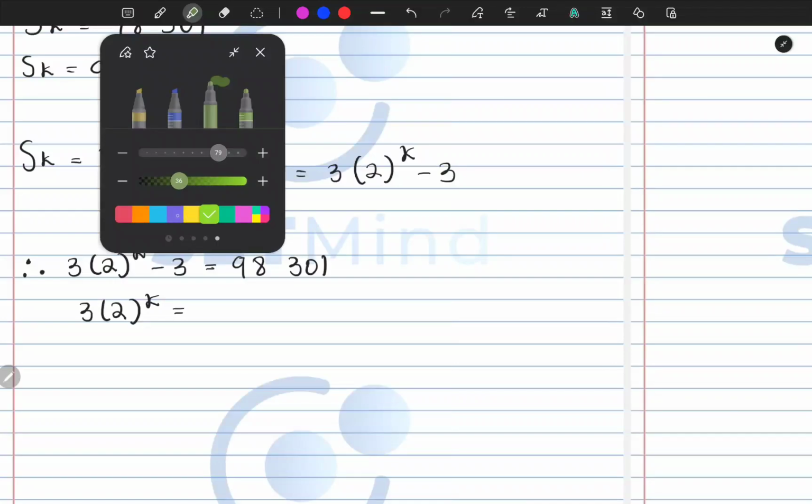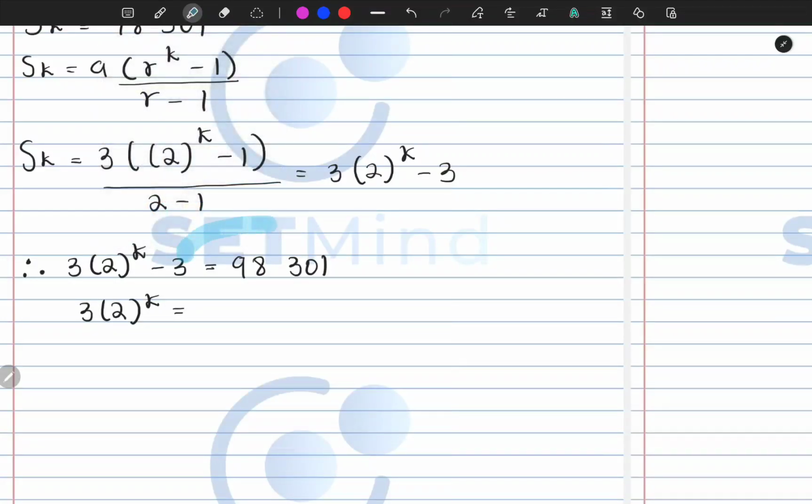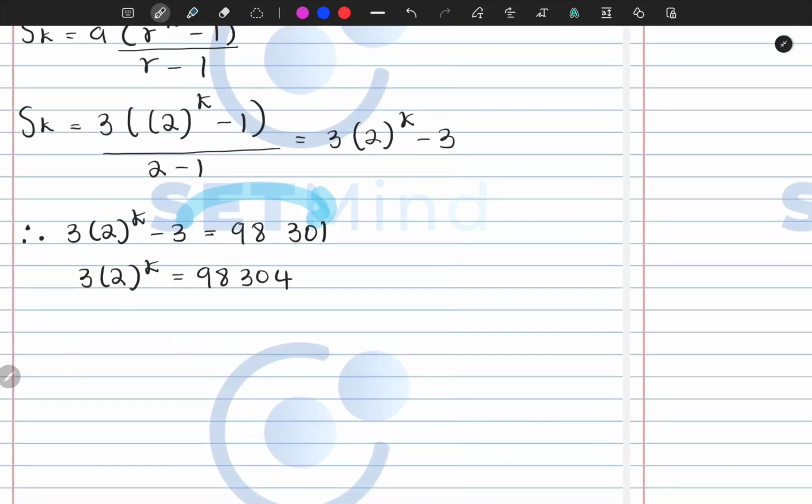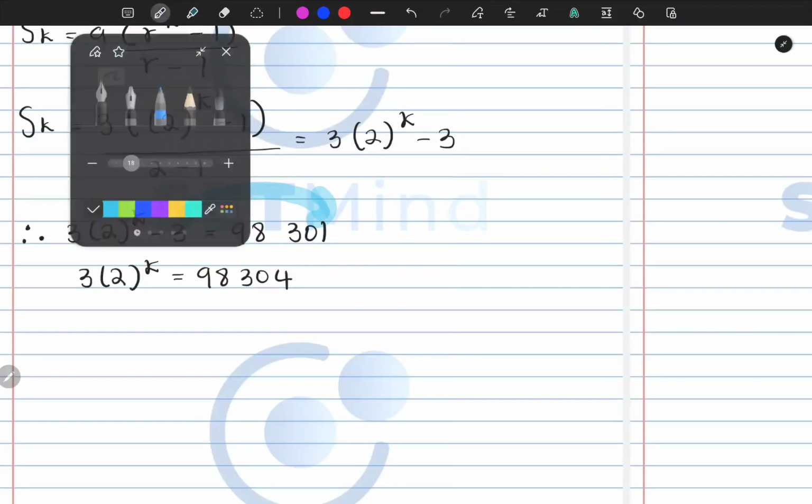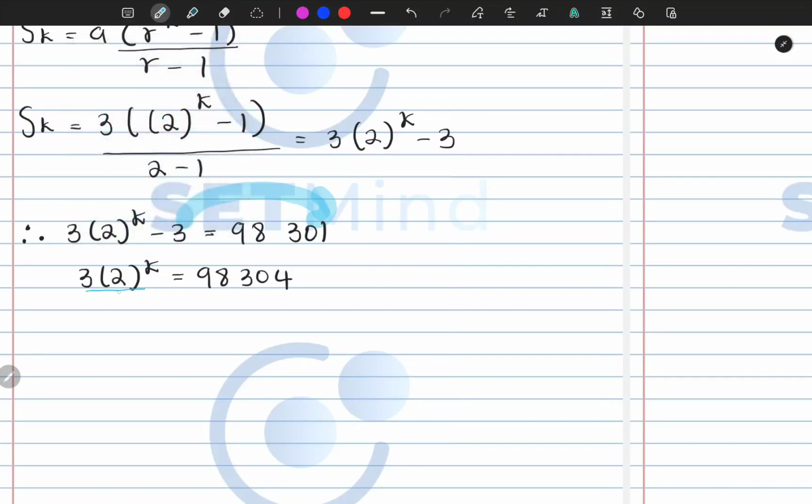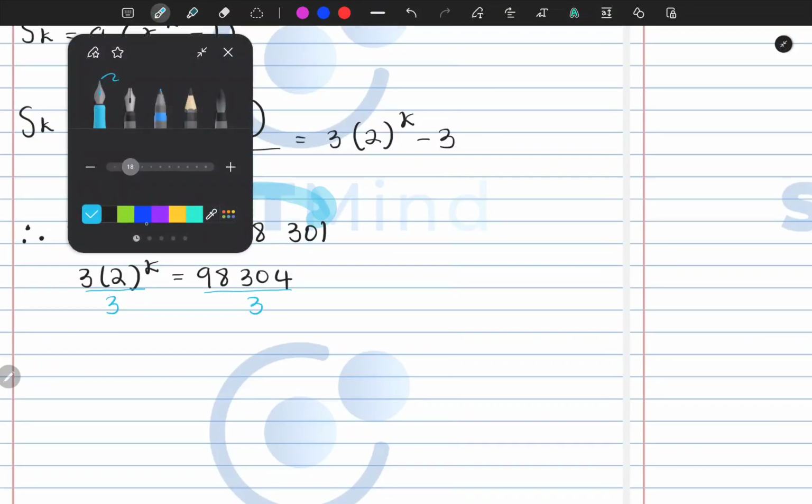And when we transpose, you'll just take the 3, push it to the other side, and that will end up being 98,304, like that. And then what we want to do is to be able to divide by that 3, because what we are trying to solve for is k.